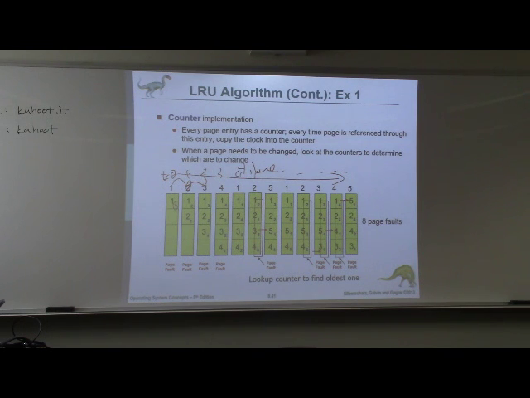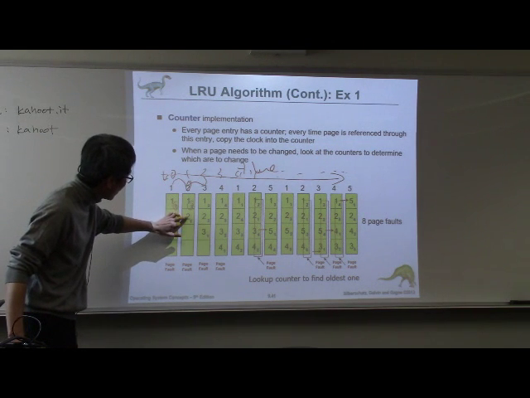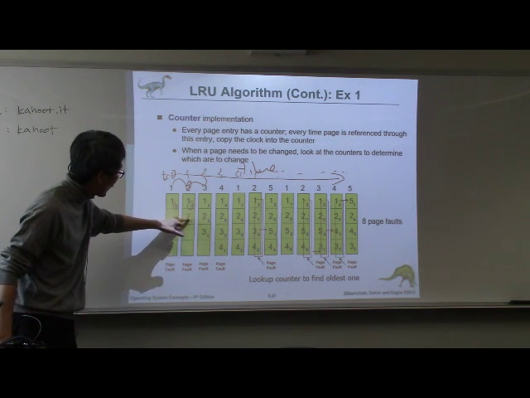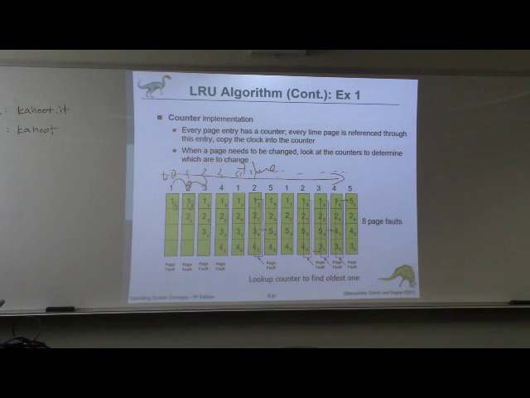Then when T is equal to 1, it's increased by 1, so the counter is 2. And 2 is first, so the second page frame is 1, and so on. And at time 2, the 3 is loaded into the page frame as 1, and the others are increased by 2.